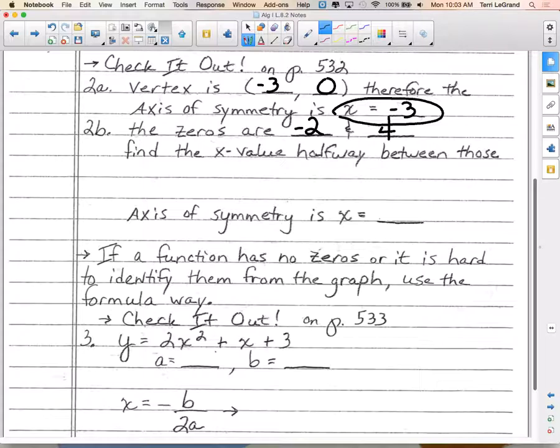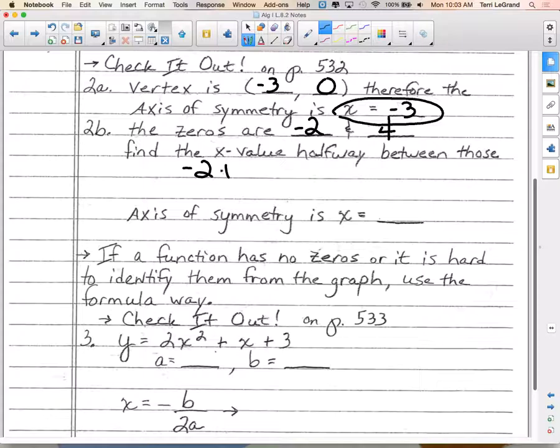We can tell what the zeros are, but can you tell what the vertex is for sure? You might have a good idea, but are you certain? I'm a little more certain about the zeros. They're plotted right on the x-axis. So we're going to find the x value halfway between.